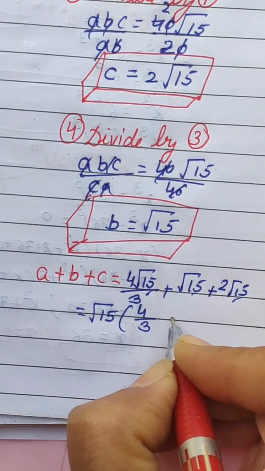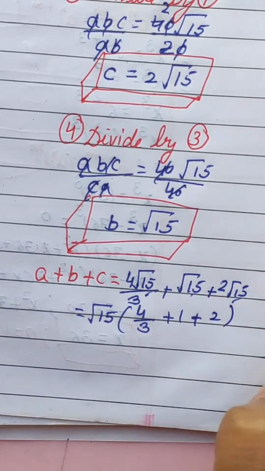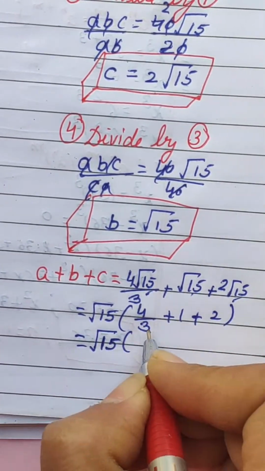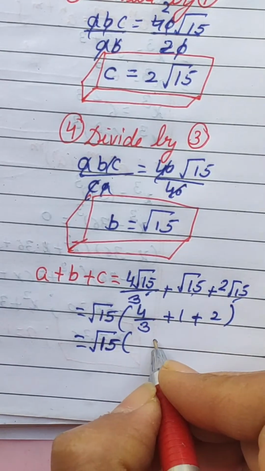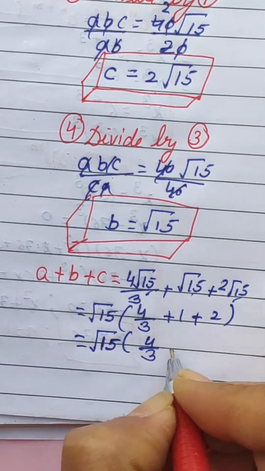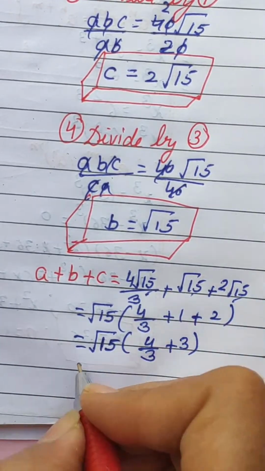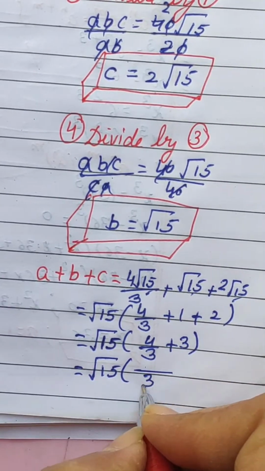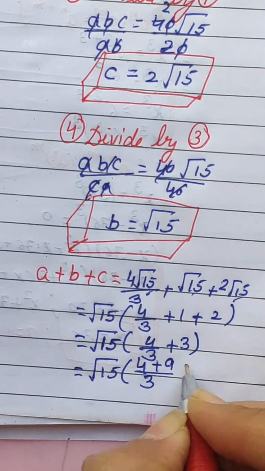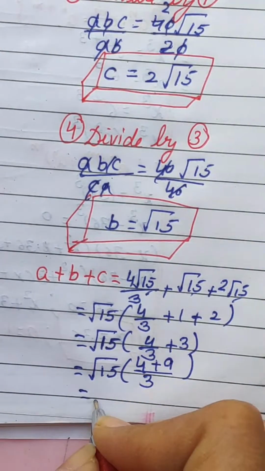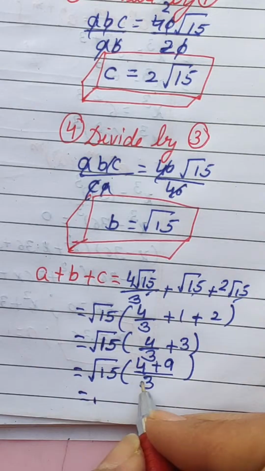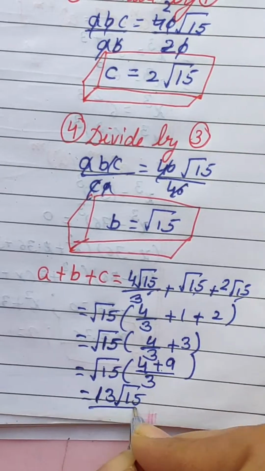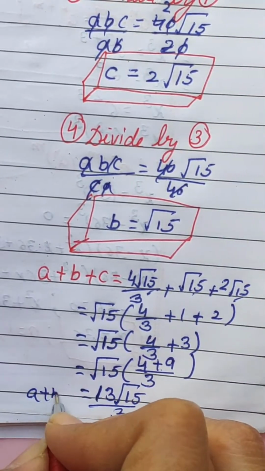So 4 by 3 plus 1 plus 2. So root 15 times 4 by 3 plus 3. So here we can write root 15 over 3 times 4 plus 9. So we can write 9 plus 4, 13, and here 15 over 3.